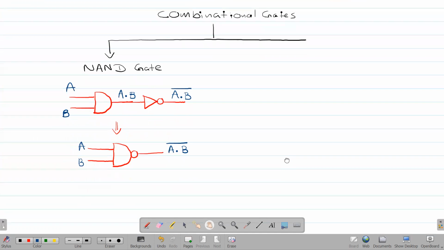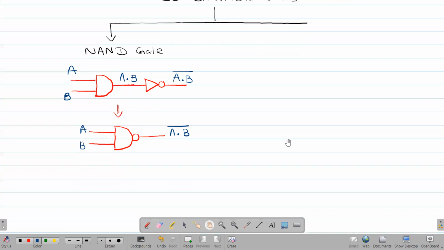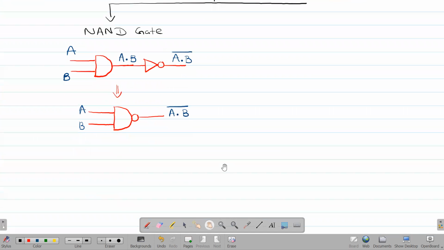And if you think about the truth table, the same inputs, A and B, and let's figure out A dot B total bar.